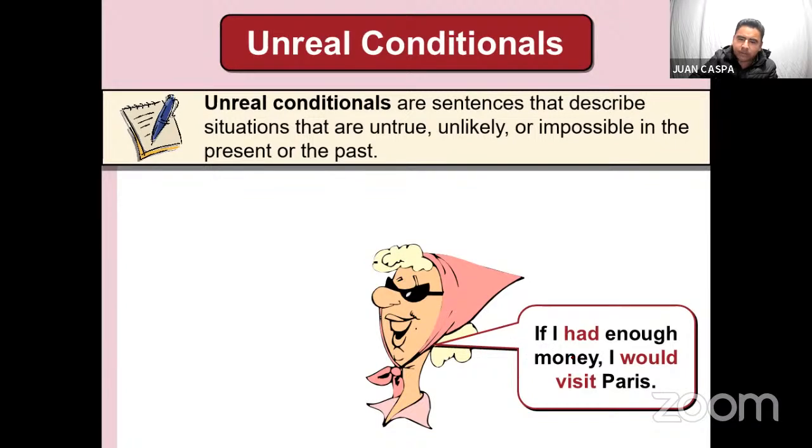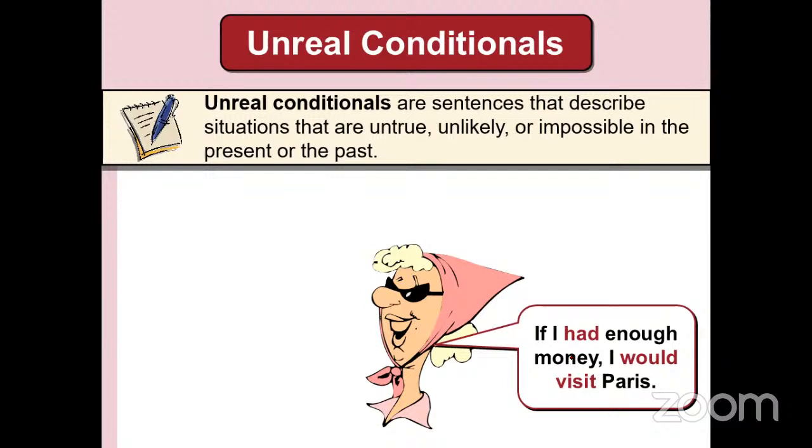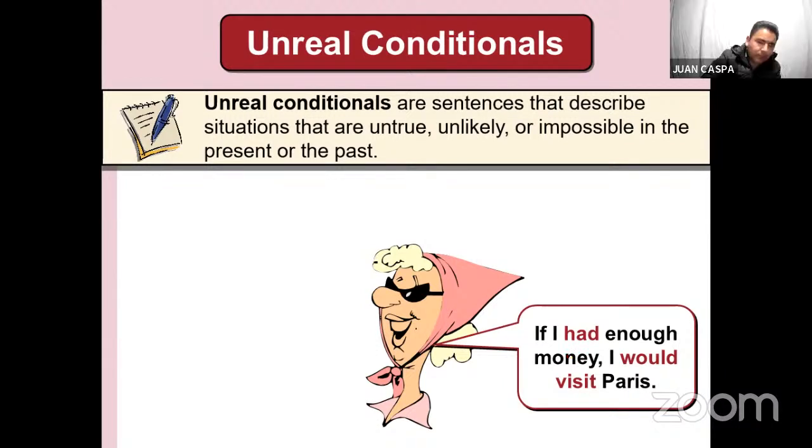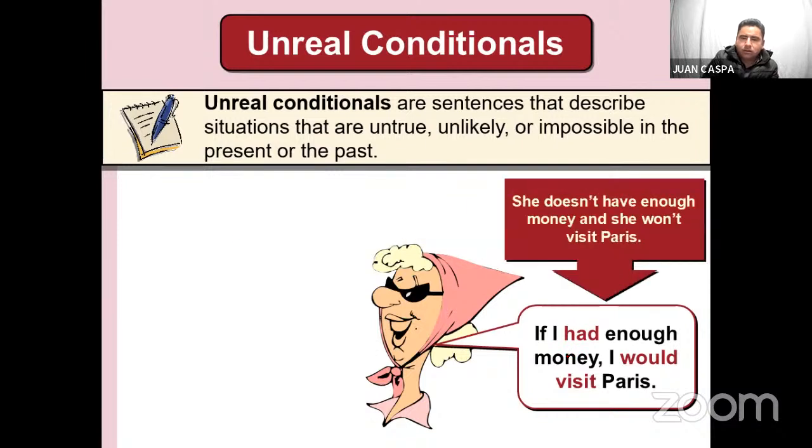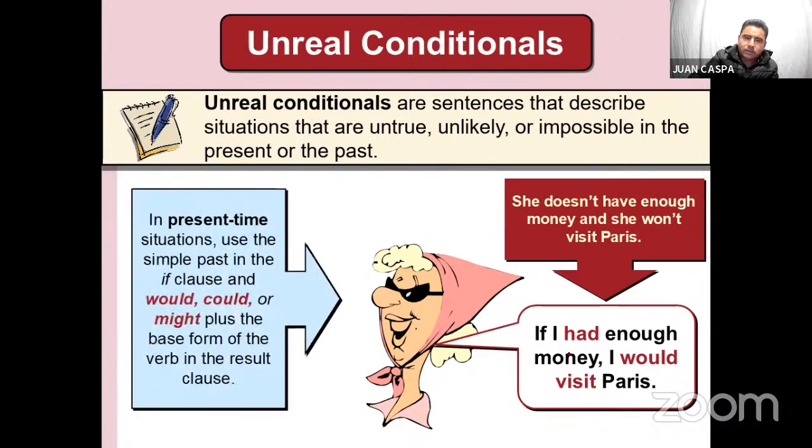Read this one, please, Noelia. If I had enough money, I will visit Paris. She doesn't have enough money and she won't visit Paris, right? That's unreal conditional. The other one was real conditional, cause and effect, but in this case it's unreal.